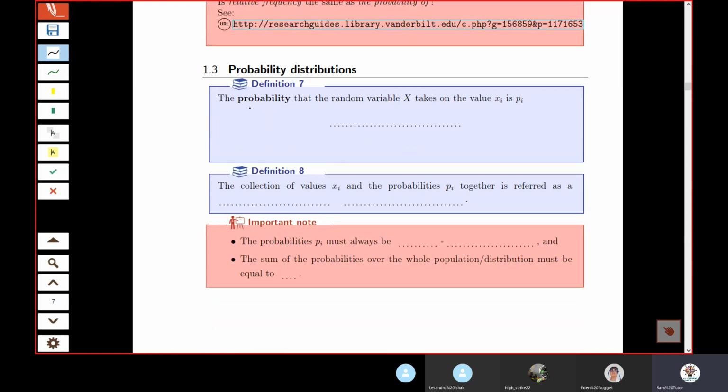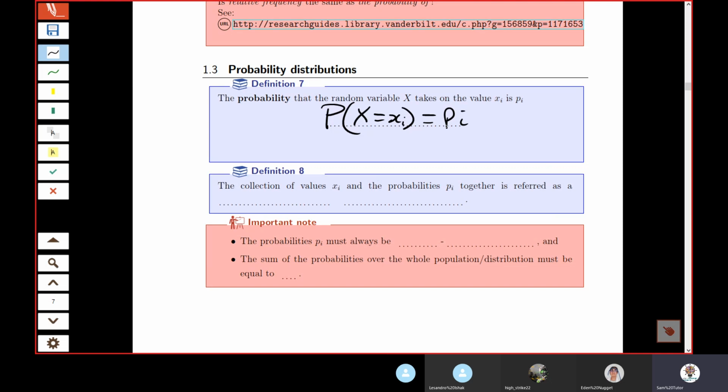All right, the probability that a random variable x takes on the value xi is pi. Now that sounds pretty fancy, but this is how you start seeing it. Probability of x equal to little x is equal to pi, or p of xi. So it's just trying to say the probability of an event occurring is some sort of probability.